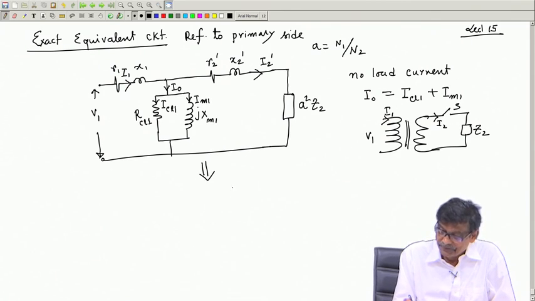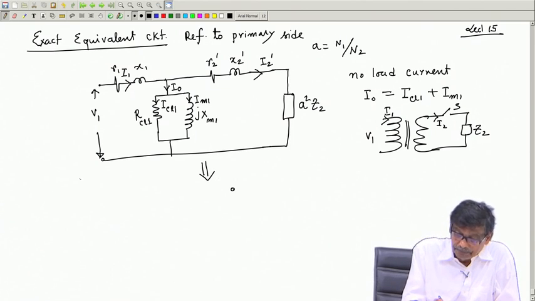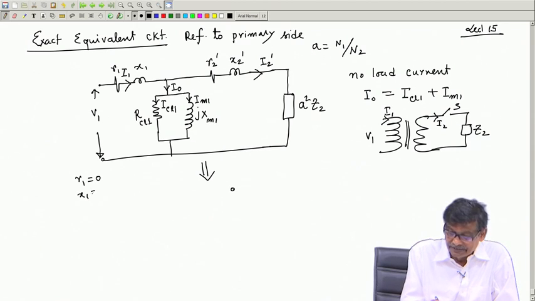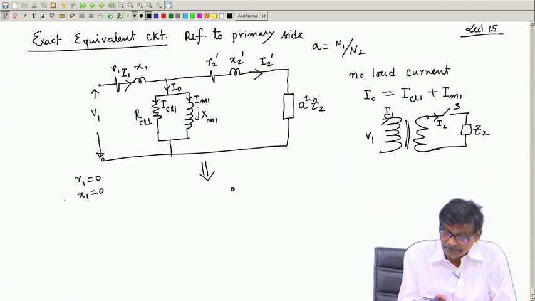you can easily get the equivalent circuit of an ideal transformer by making R1 equal to 0, X1 equal to 0, because no resistance, no leakage flux, no leakage reactance.